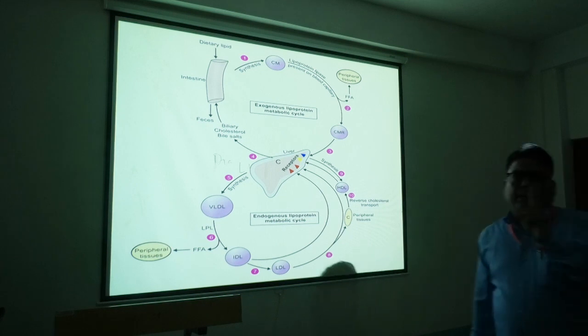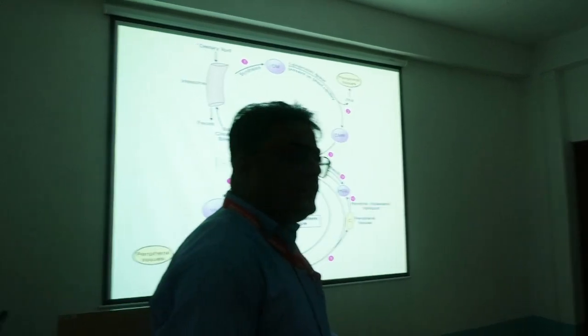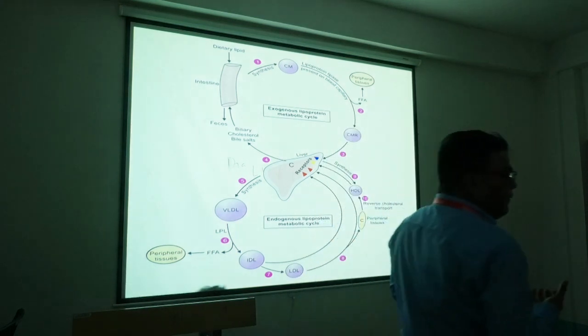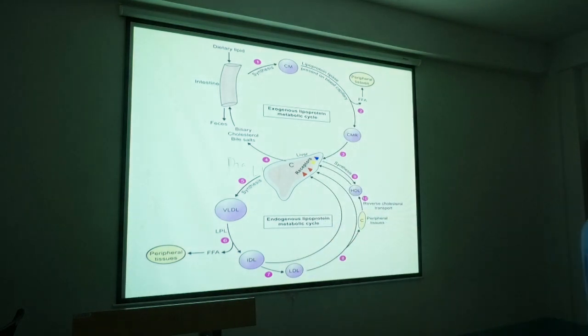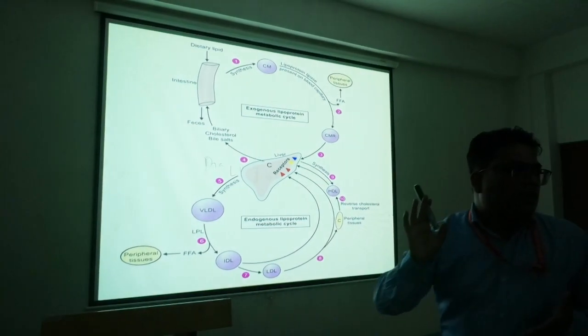Anybody, students, can tell the number first. Which one is first? Synthesize. Okay? That means you will take the dietary lipid first, it goes to the small intestine and there is the formation of chylomicron molecule first. Okay?